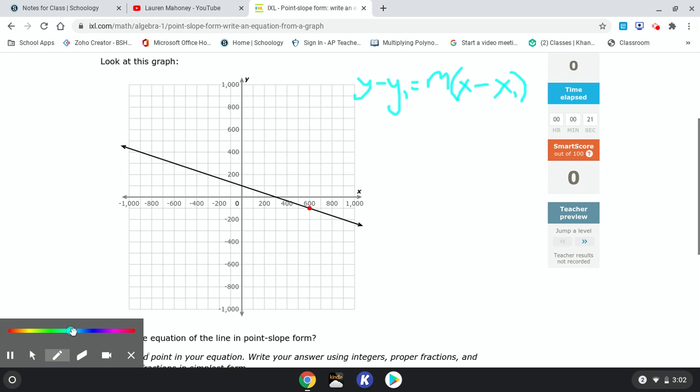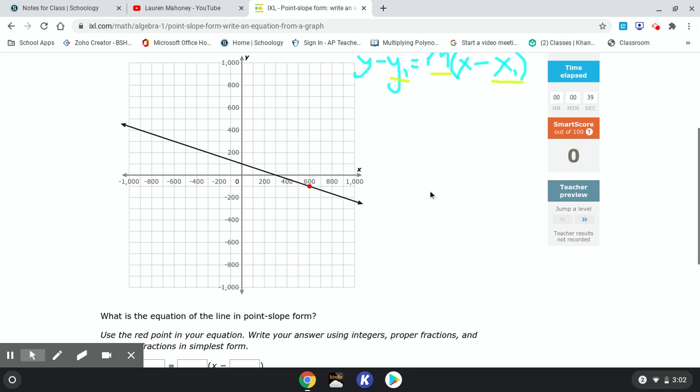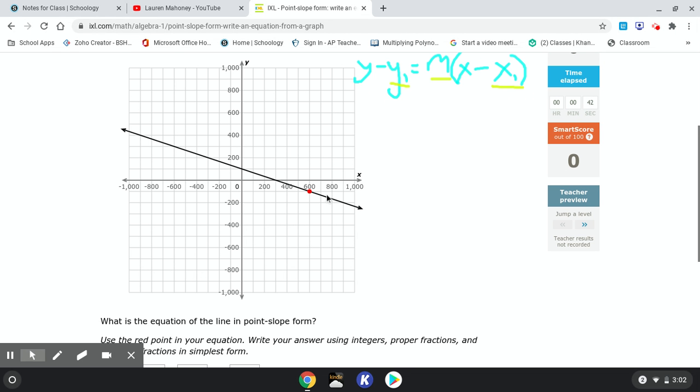So this is going to be the equation: y minus y sub 1 equals m times x minus x sub 1. You will be plugging in for the m, which is your slope. You will have to count that from the graph like we did in the first section. And then x1, y1 is going to be the ordered pair in the graph, so that's your bright red dot here.